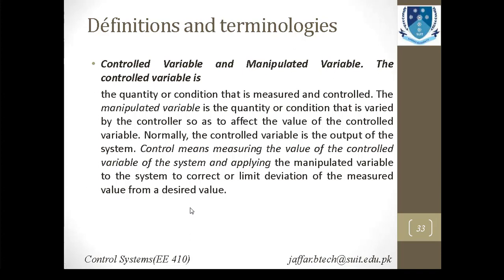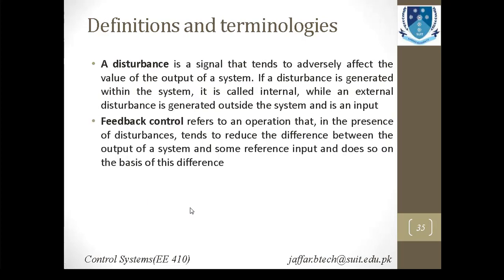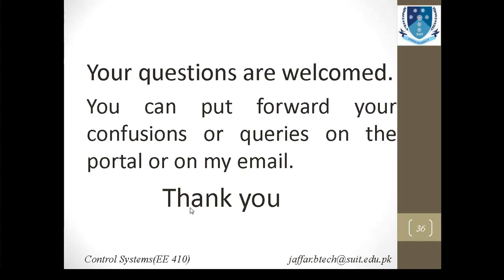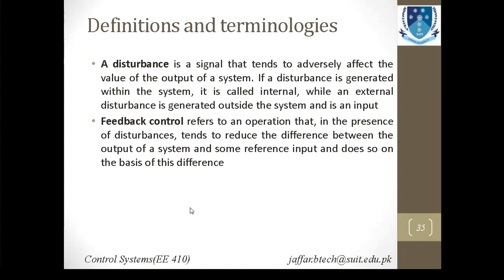Some of the variables are already controlled, some you want to control, so you have to use manipulated variables. You have to change some variables to control the actual variables that you want to control. These are small definitions of plant, system, disturbance, and what is a feedback control. We will discuss in detail in the class, inshallah.